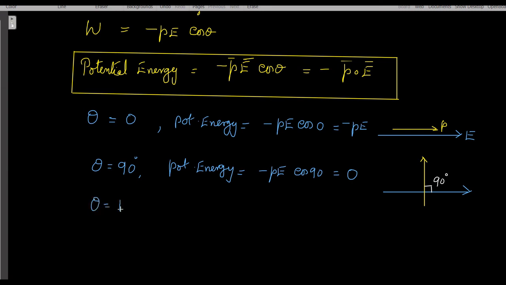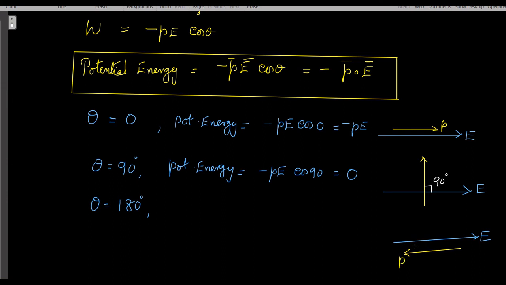Similarly, when angle theta is 180 degree, this is the electric field, and the dipole is making an angle 180 degree, which means P is anti-parallel to the electric field.